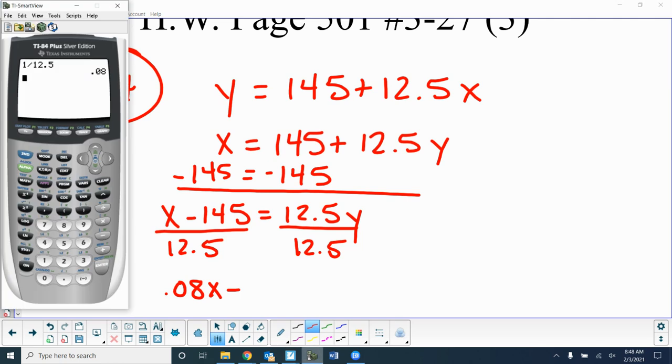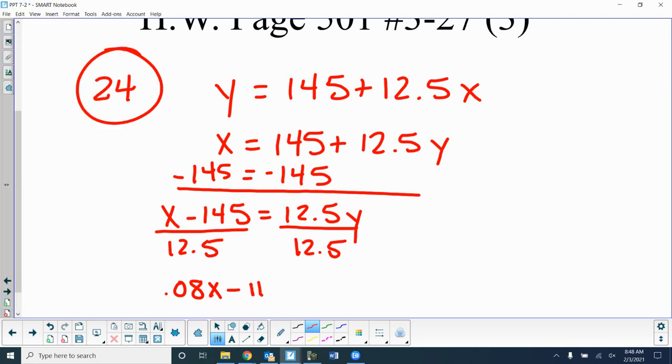And then 145 divided by 12.5, that's the 11.6. Either one is acceptable.